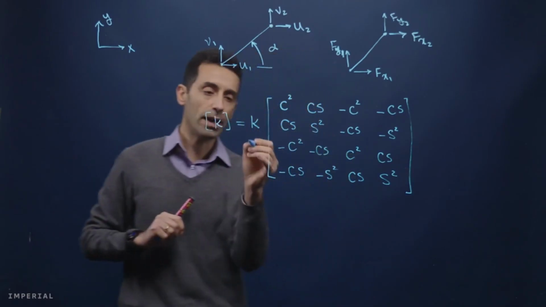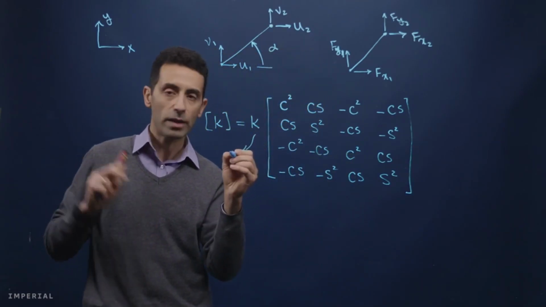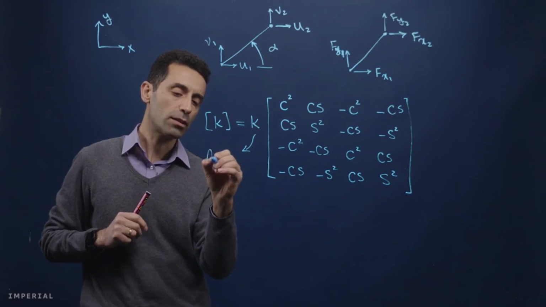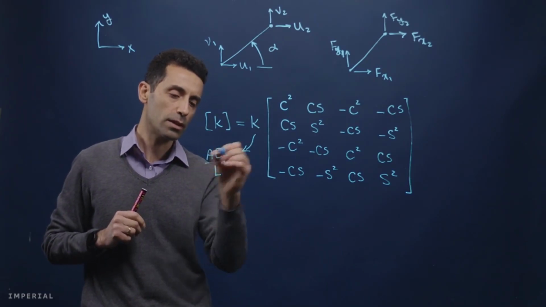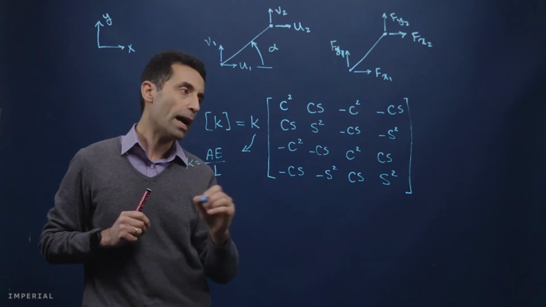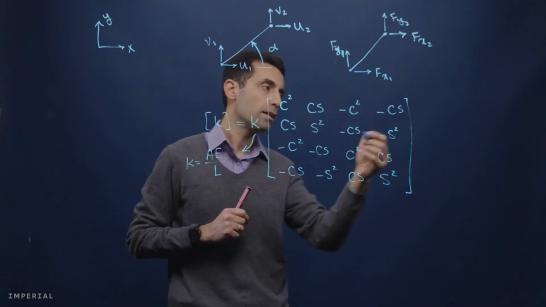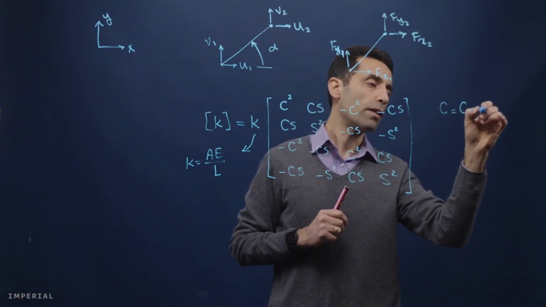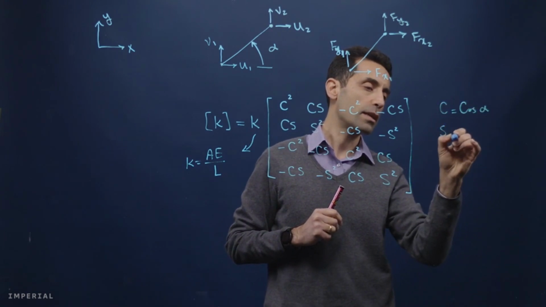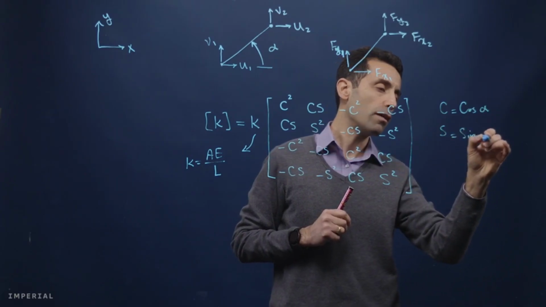So k again is what we had before, which is cross-sectional area times Young's modulus divided by L. So this is our k. And well, C and S, C is cosine of alpha and S is sine of alpha.